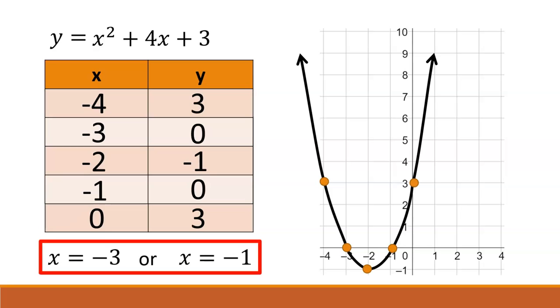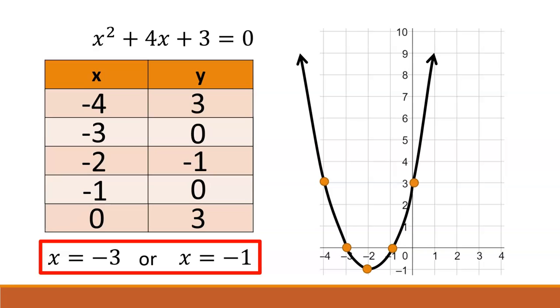But where can we see the solutions to our quadratic equation in the table and the graph? Well, remember what we did to start this off. We substituted a y for the 0. So let's go ahead and substitute back a 0 for the y. And that will give us a clue as to where the solutions to that quadratic equation are in the table.